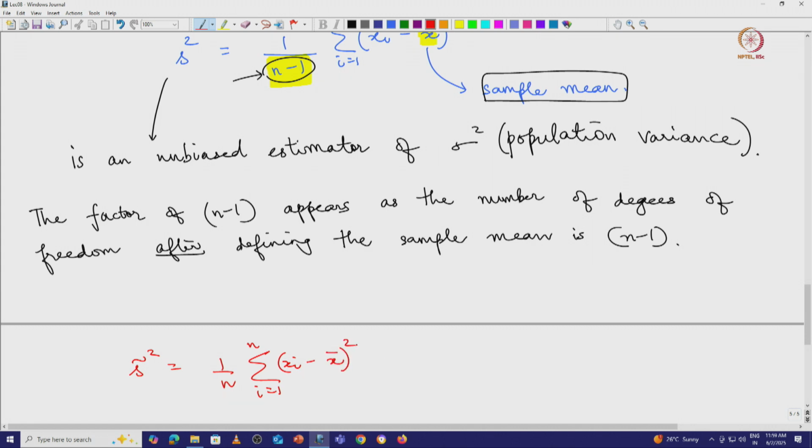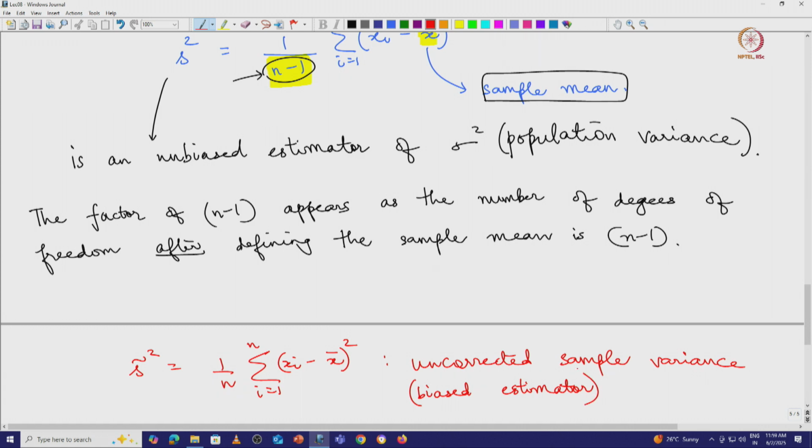This is called the uncorrected sample variance. It is a biased estimator of the population variance.